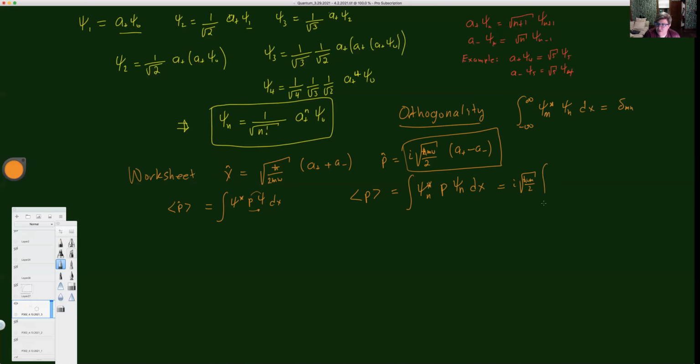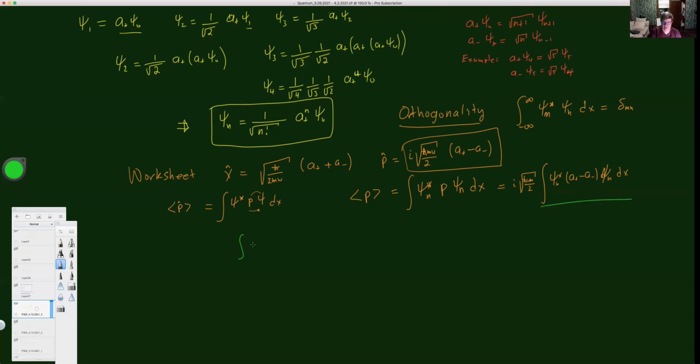And then I have the integral psi n star, and then a plus minus a minus, psi n dx. This is going to be two integrals. I'm just going to look at this guy here. It's two integrals.